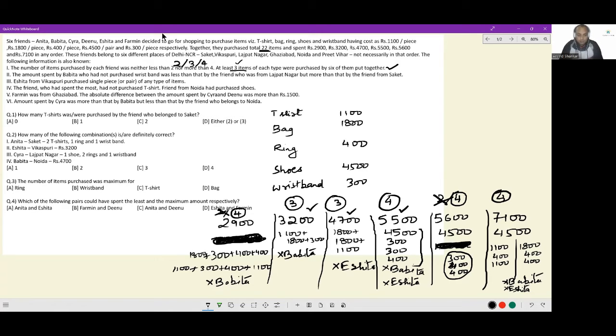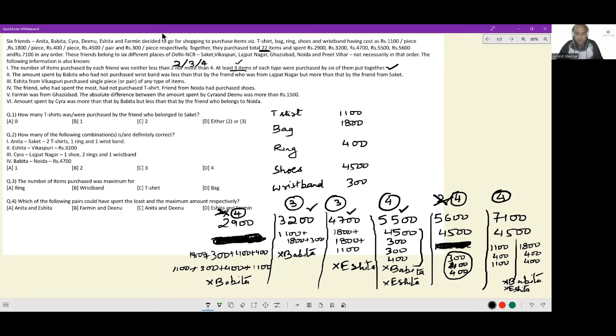But now, one more fun thing. Can you see the beautiful thing? Ishita's condition: Ishita from Vikaspuri purchased a single piece or pair of any type of items. In 2900, now because there are only 2 possibilities left, either 400 is repeated or 1100 is repeated. One of the 2 has to be repeated. So Ishita can't be here either. Similarly, in 5600, 400 is repeated.